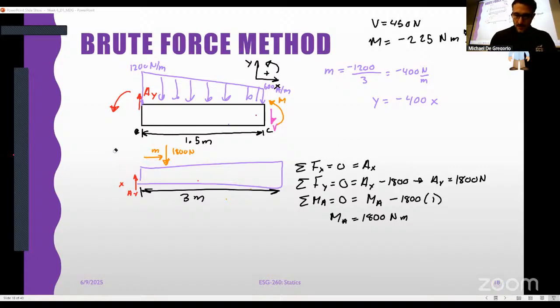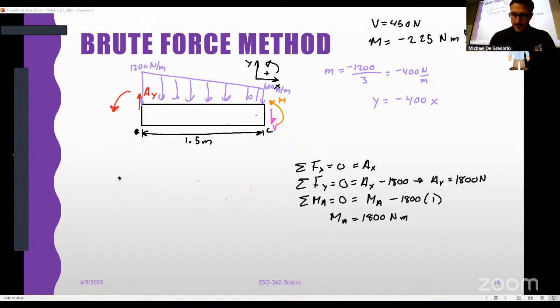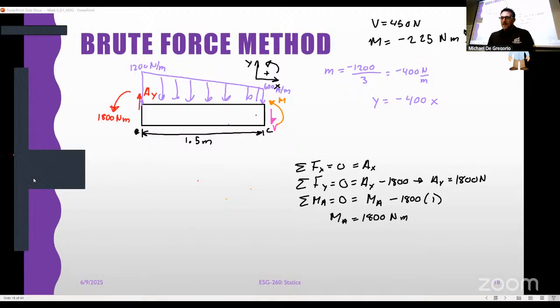We don't have to deal with it. All right. Get rid of this for a second. 1800 Newton meters. If I'm looking at this, I have 2 distributed loadings. Okay, I have a rectangle. The rectangle is 600 Newton per meter and 1.5 meters long. What's my area under that curve?